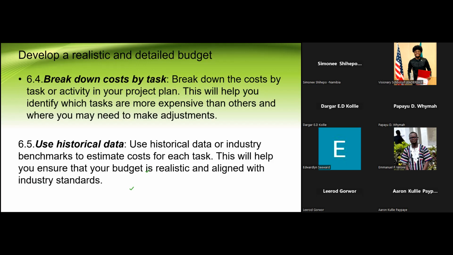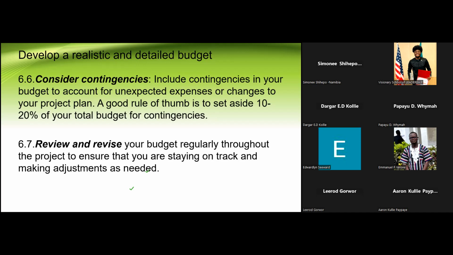You consider contingencies, include contingencies in your budget. Every budget must have provision for contingency, okay? In your budget to account for unexpected expenses or changes to your project plan. Contingency is simply the unexpected. Sometimes it happens, for example, your things are insured, because in our contingency, we put insurance costs as well.